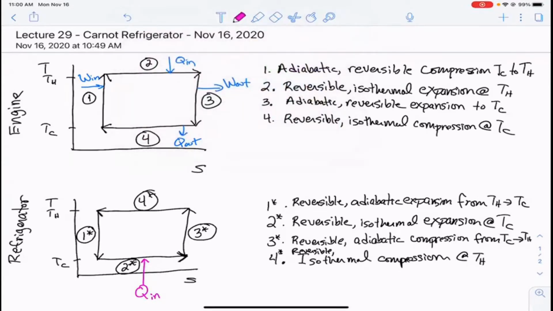And so if we want to think about this from the perspective of work and heat, well, Q in, right, we're accepting heat into the system in step 2. In step 4, we're rejecting heat to the surroundings, which in your house, right, these would be the coils. Q in here would be the coils in your refrigerator.